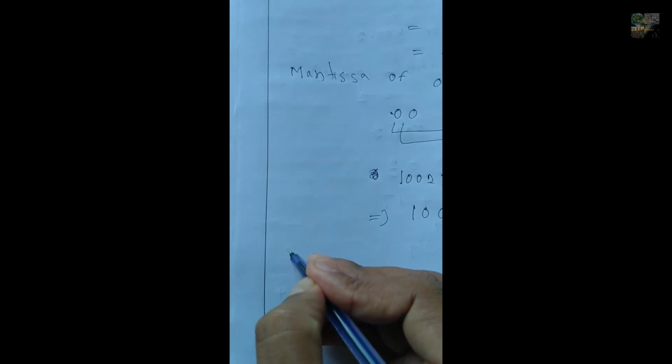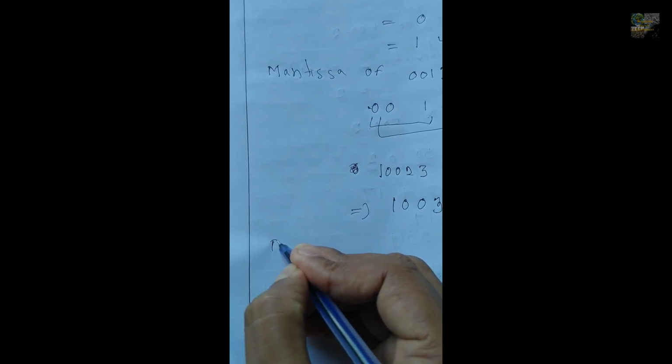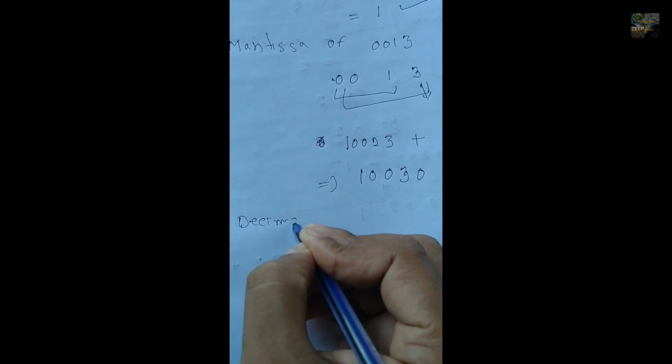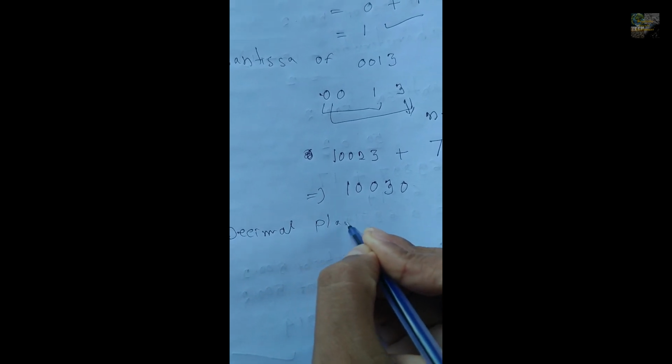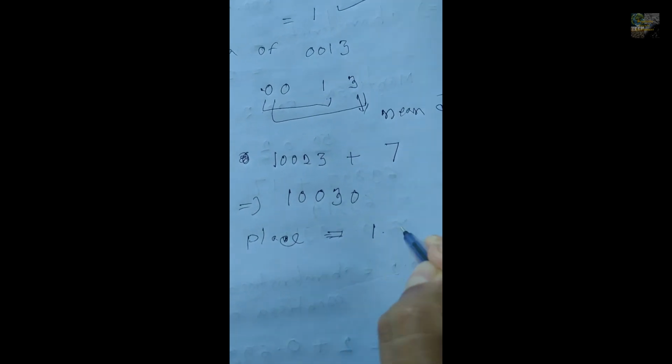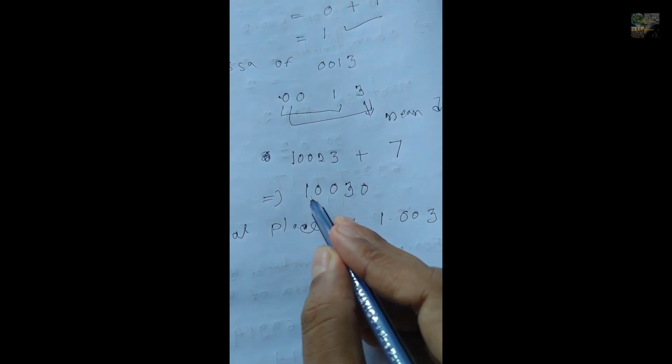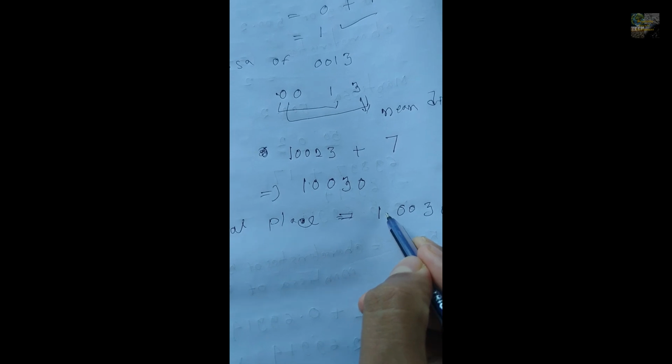Now it's time to place the decimal. The decimal place will be after 1 digit. So 1.030, this is the value. After 1, the decimal point has been placed here.